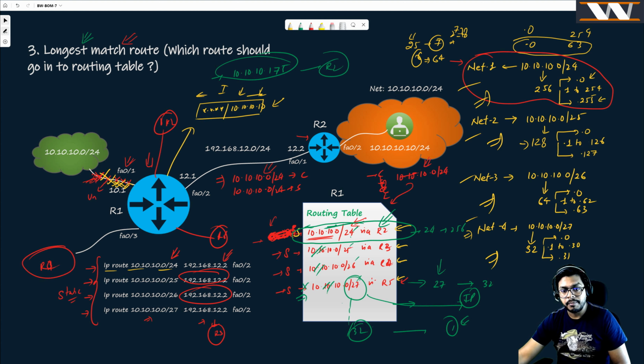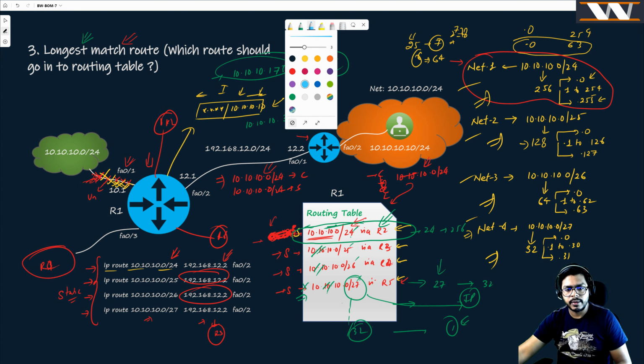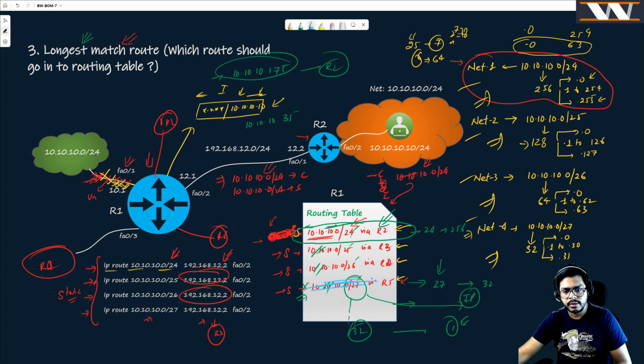As simple as that. But if there is a confusion, suppose we talk about a host which is, say, 10.10.10.35. Of course, this host is not going to be there. Let me choose another color pen, maybe this blue one. This host is not there, but this is going to be part of these starting three networks.